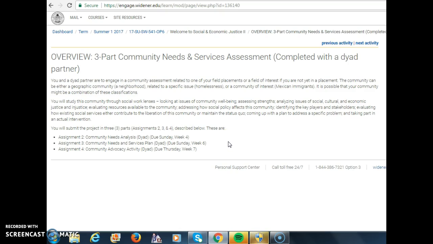And after you've developed that service plan, you've then taken some sort of intervention, right, to address the needs that you've identified in the individual. So you can think of these projects that you're going to be engaging in this semester as conducting an assessment, developing a service plan and implementing an intervention for a community as opposed to an individual.